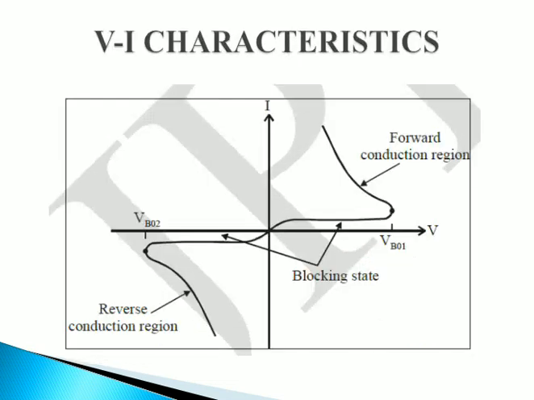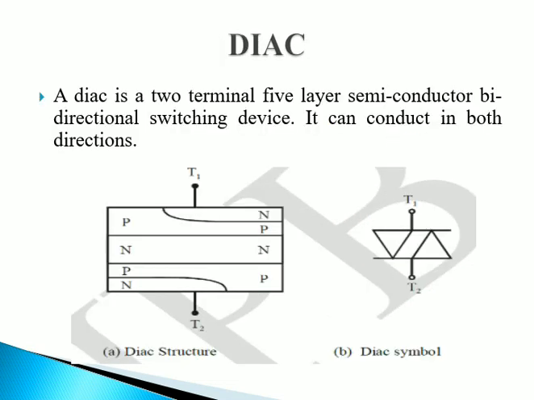Now we will see the working. When you make T1 positive with respect to T2, the voltage across the device is less than the breakover voltage, because of which a very small current flows through the device. We call this period the blocking mode. But once the voltage across the diac exceeds the breakover voltage, the diac will turn on and begin to conduct.